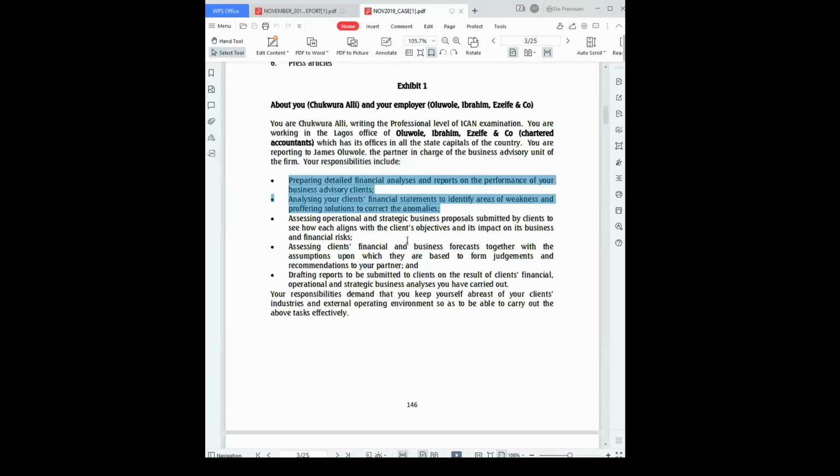Now here is the thing that interests me most: assessing operational and strategic business proposals submitted by clients to see how each aligns with client objectives, and its impact on business and financial risk, right? I know we have discussed the operational and strategic analytical scale, which is business analysis.